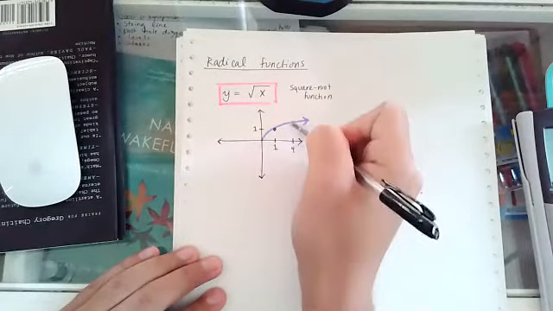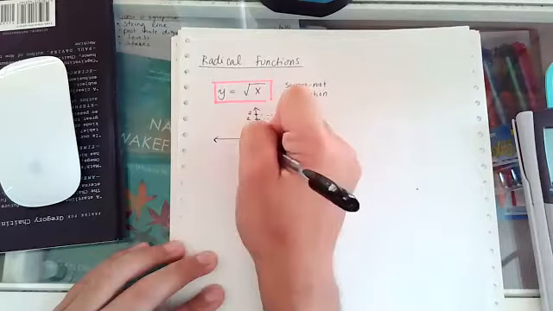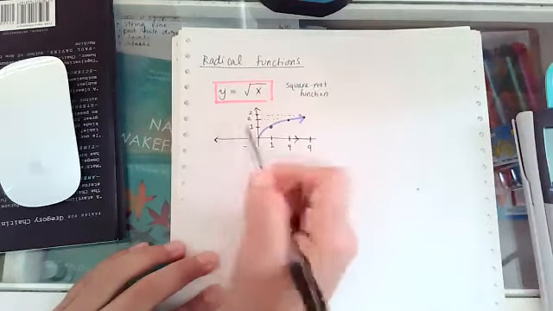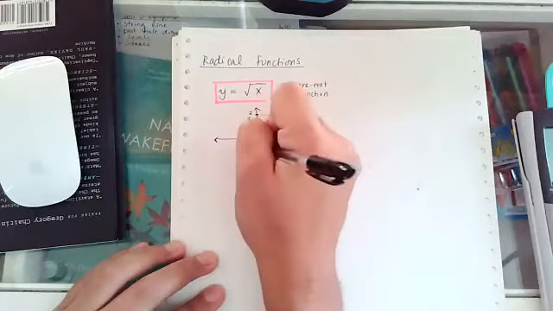You'll notice that this function does not seem to be defined for negative input values. So I don't have any y values over here. There's no graph, no purple line over here for -1. Can anybody think of the reason why I don't have any output values here for -1?